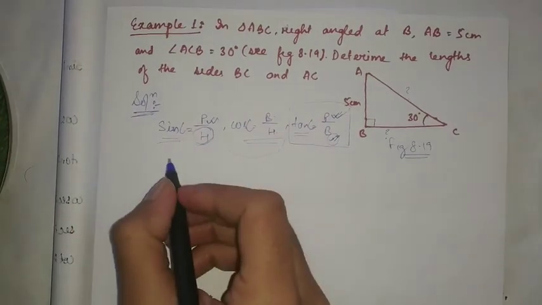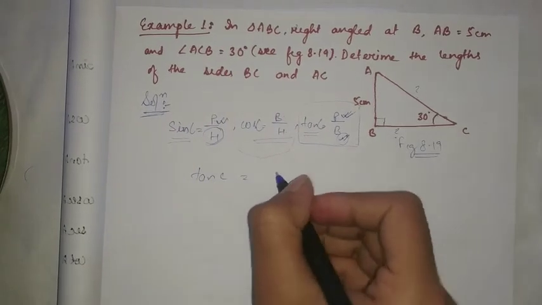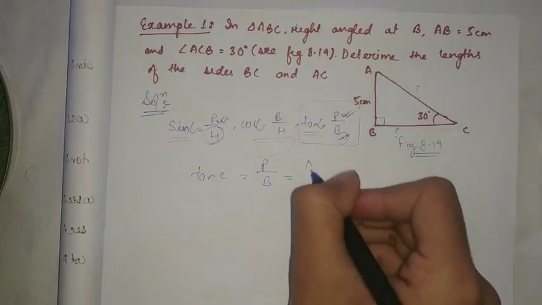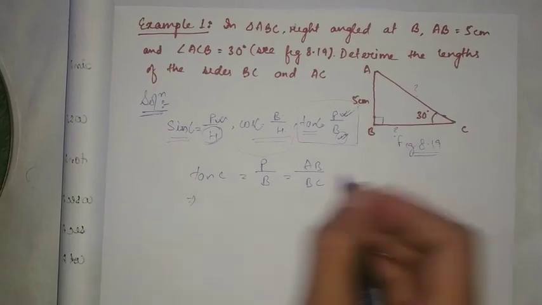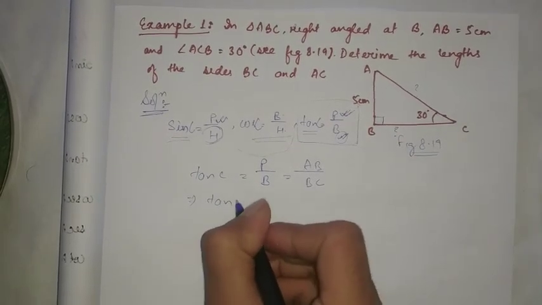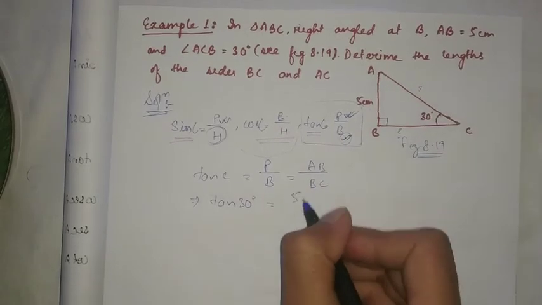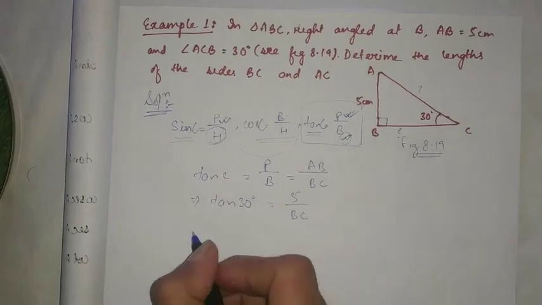First, tan of C becomes the ratio of the perpendicular and the base. The perpendicular is AB and the base is BC. Now C is 30 degree, so tan 30 degree becomes AB by BC. AB is given to be 5 centimeter and BC is unknown.